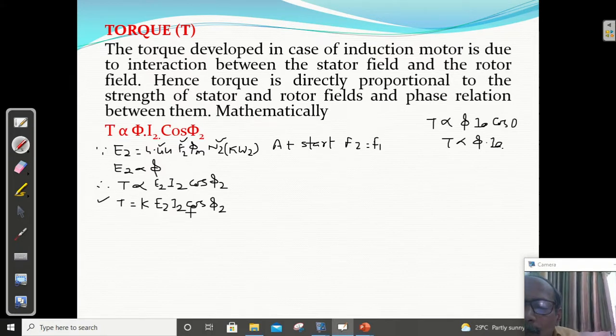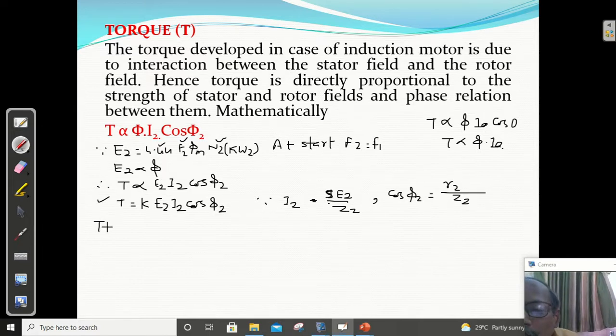Now, I2, the rotor current, is equal to S E2 upon Z2. I'm assuming the running torque, the running condition. The motor is running, so S E2 by Z2. Similarly, cos phi 2 equals R2 upon Z2.